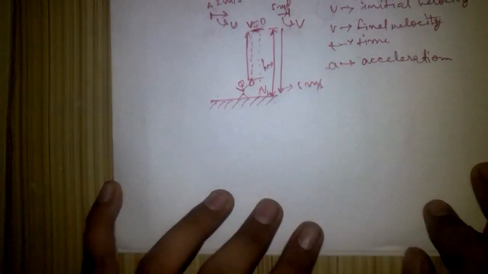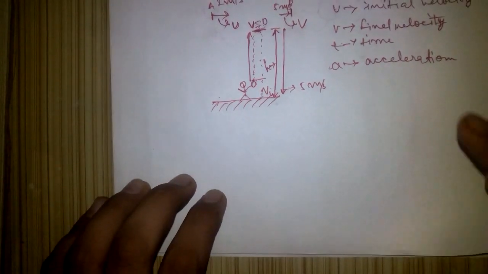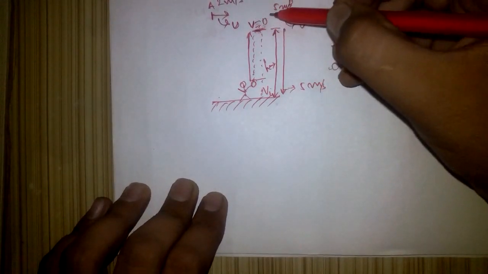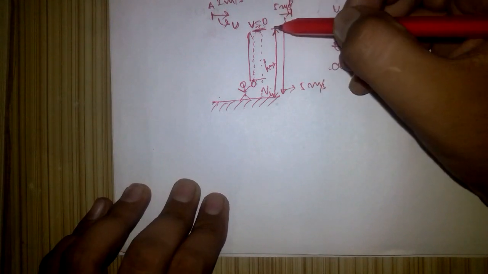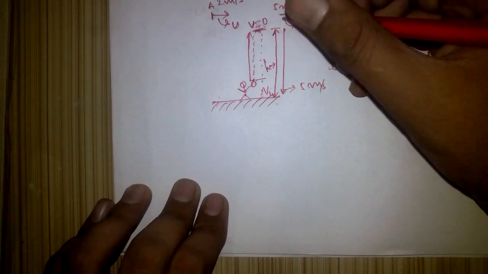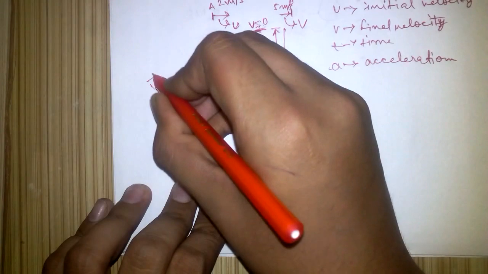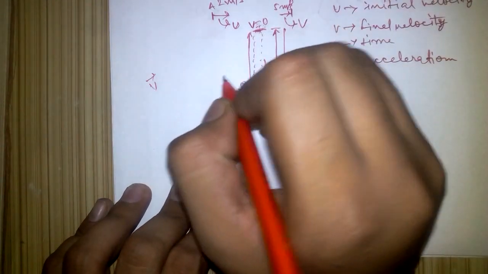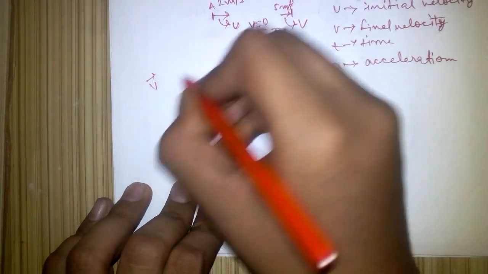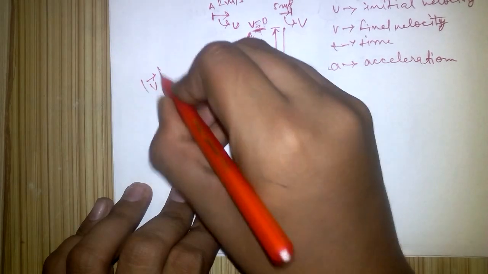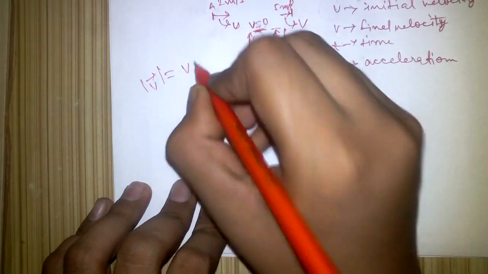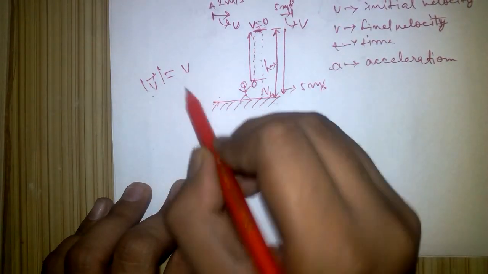One thing to notice is that I have mentioned velocity, but I have not given direction here. In vectors we write velocity like this, but here we just take the magnitude.